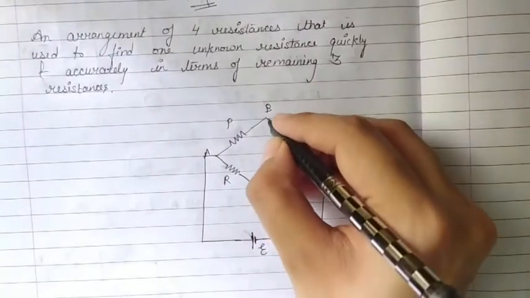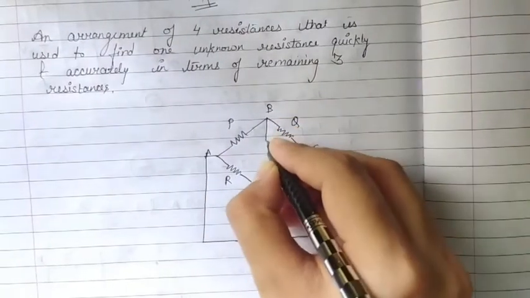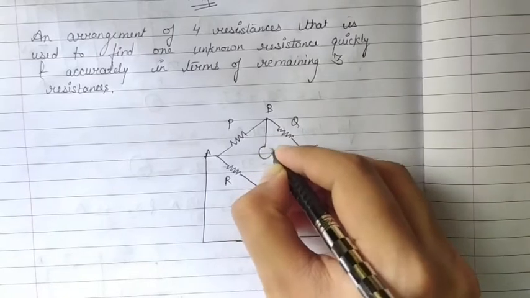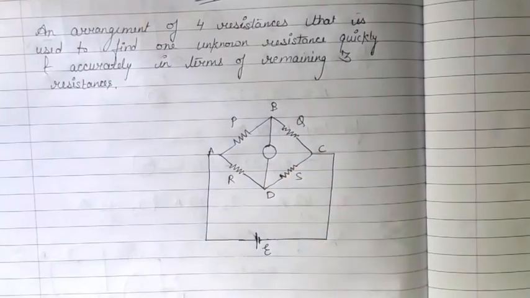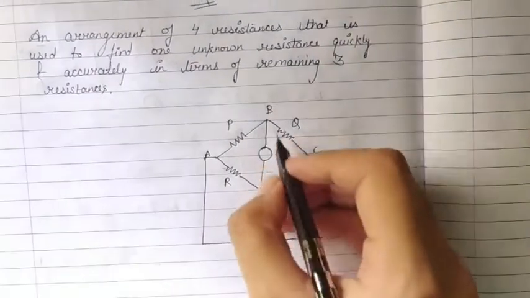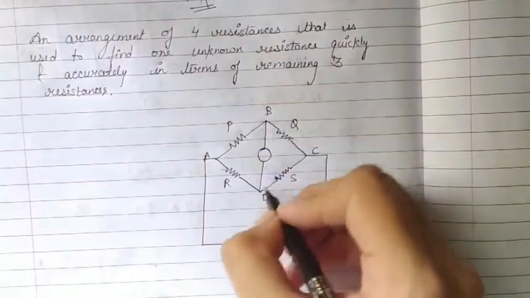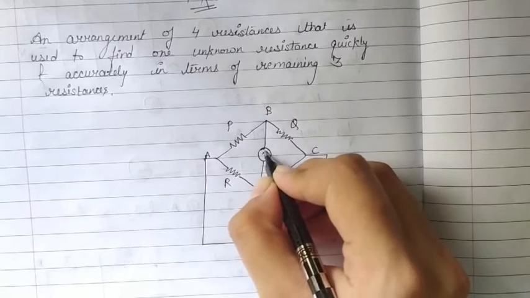Here in the terminal BD there is a galvanometer, or we can say a sensitive galvanometer, right? Between points B and D there exists a sensitive galvanometer.